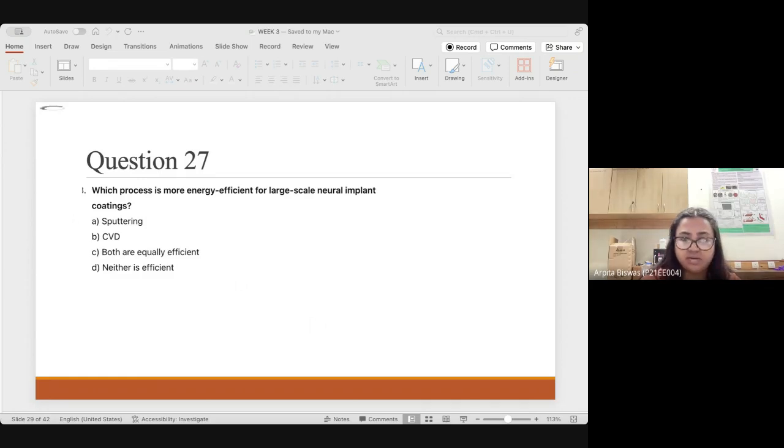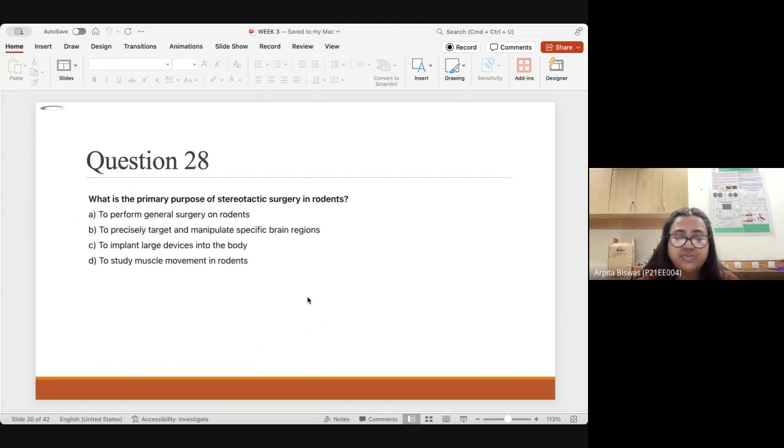Yes, the CVD is the right option. Good. Next, question number 28. What is the primary purpose of stereotactic surgery in rodents?